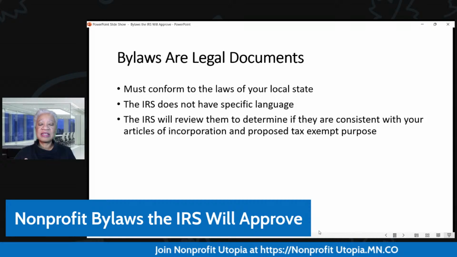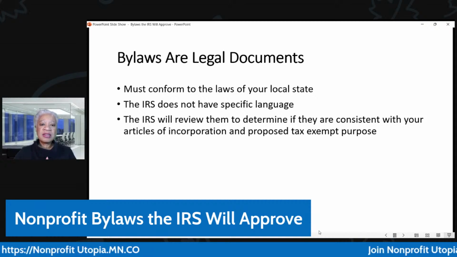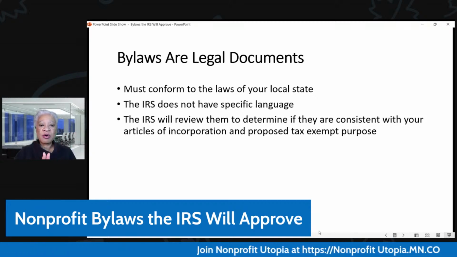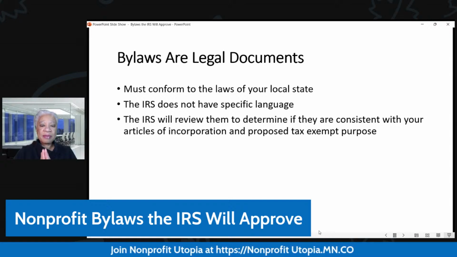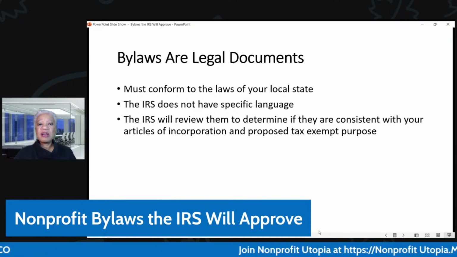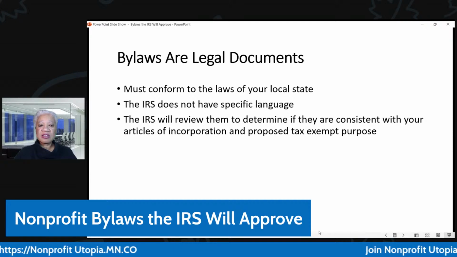Although the IRS doesn't have specific language that should go into your bylaws, it's good practice to include some of the language from the IRS so that you're in alignment with the tax code. That's optional, but it's really good to include it. The IRS is going to be using your bylaws to see if you are in alignment with your articles of incorporation, which talks about why you are in business, so to speak.